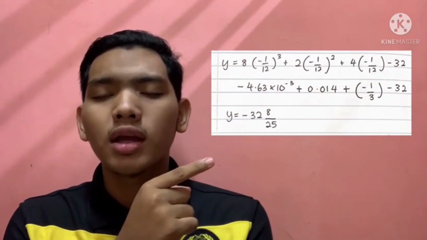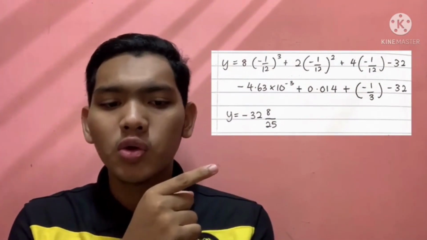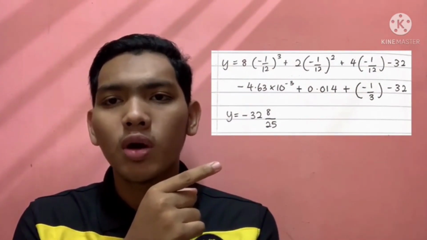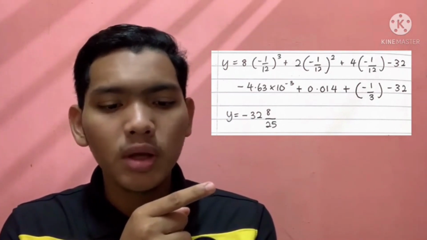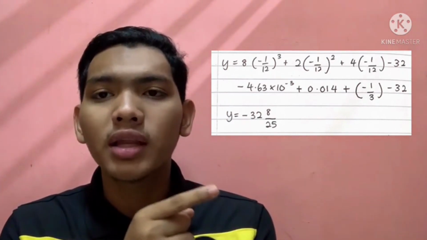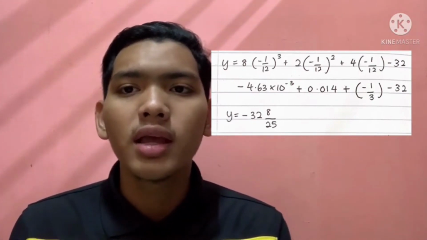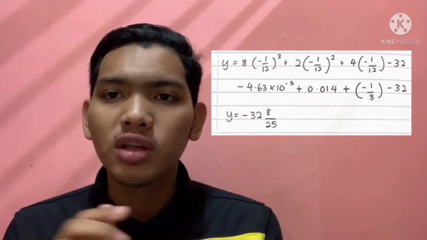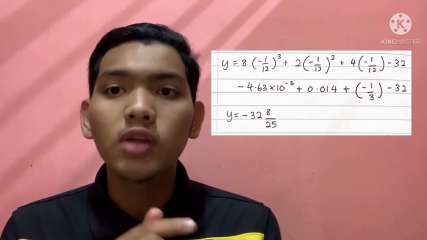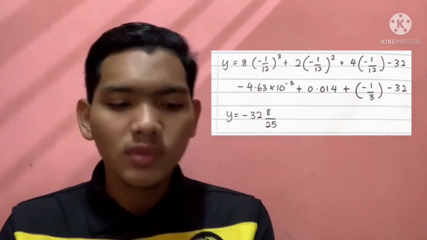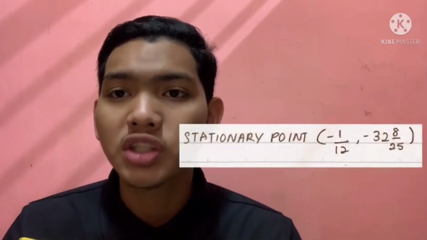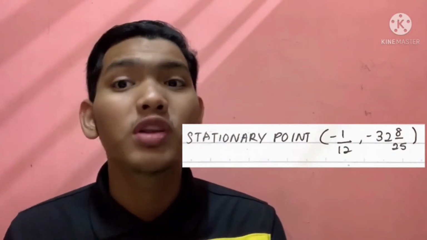So y equal to 8 bracket negative 1 over 12 cubed plus 2 bracket negative 1 over 12 squared plus 4 bracket negative 1 over 12 minus 32. You will get the y value, negative 32 8 over 25. So we have a stationary point. It is negative 1 over 12, negative 32 8 over 35.